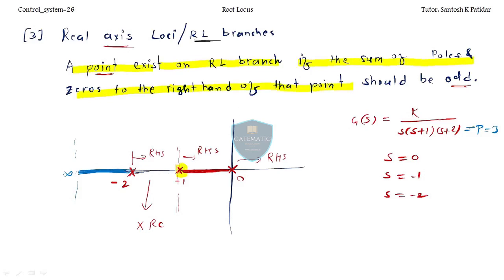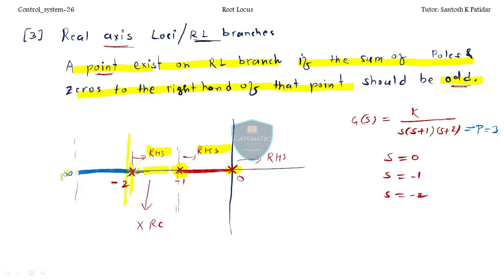If you choose one point over here, I'll see in the RHS the number of poles and zeros available. If they are odd, then only there will be an RL branch between these 2 points. When I come over here at 2, I'll check the summation in the RHS. Over here you have 2 poles, so 2 is an even number, so I will not have any RL branch in between them.